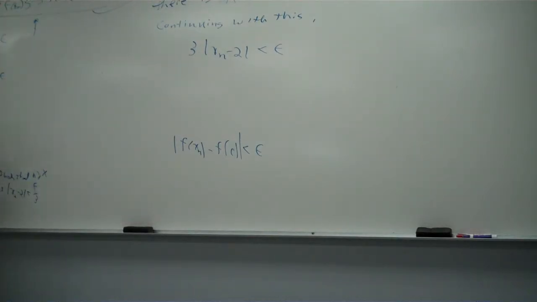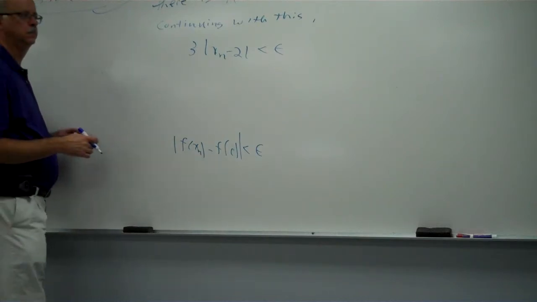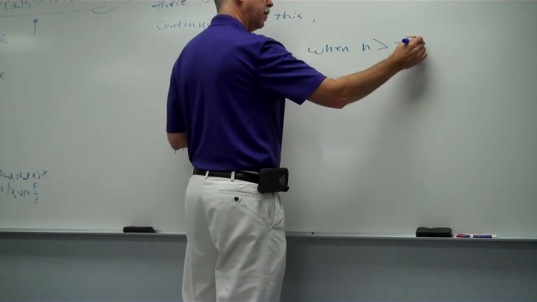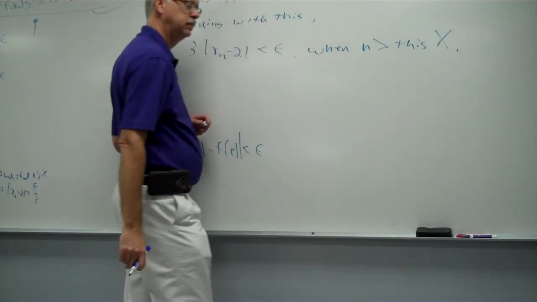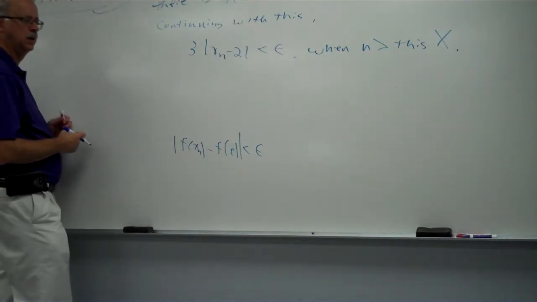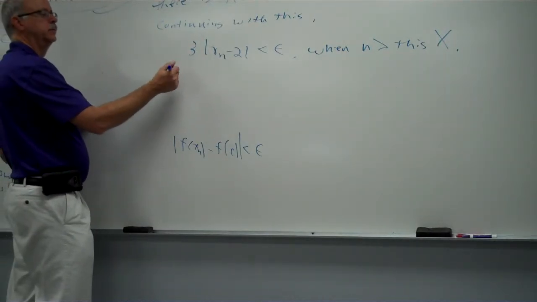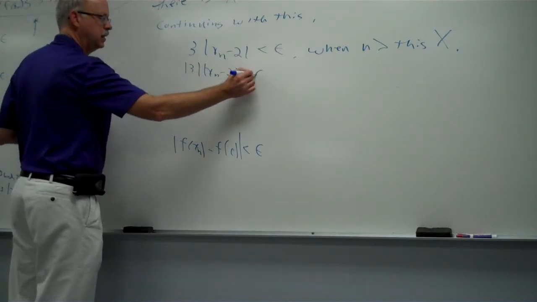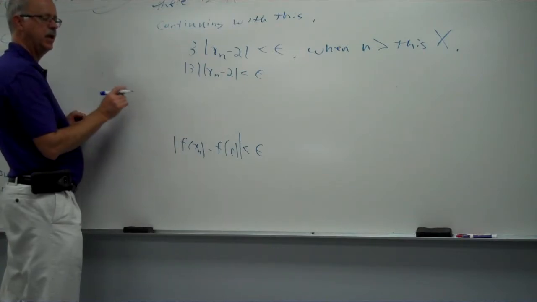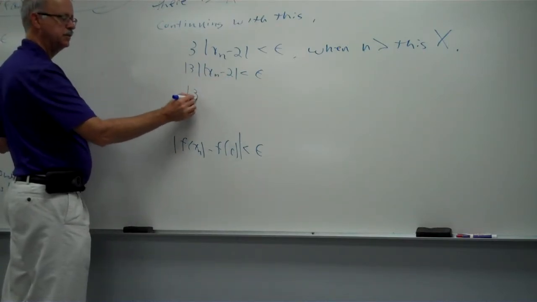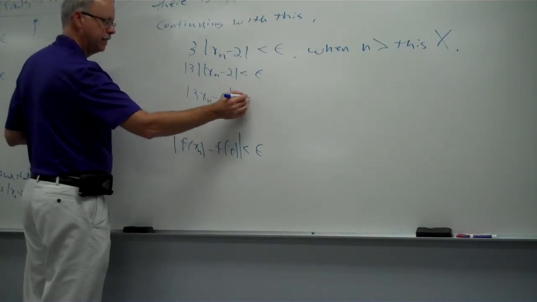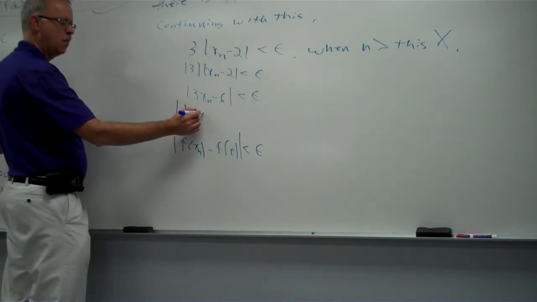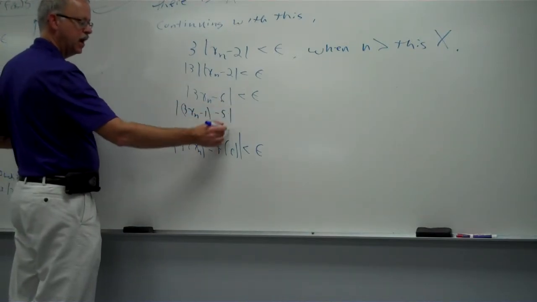Multiply 3 to both sides, when n is greater than this capital X. We can put in the absolute value. 3 and the absolute value of 3 are the same. The product of two absolute values is the absolute value of the product. This is 3 x sub n minus 1, then minus 5.